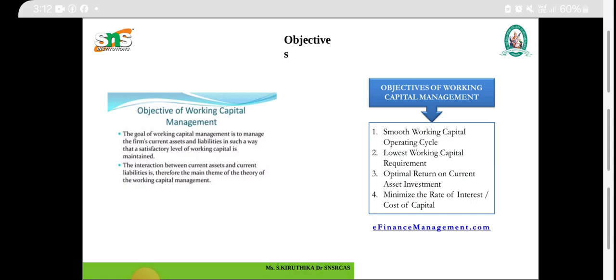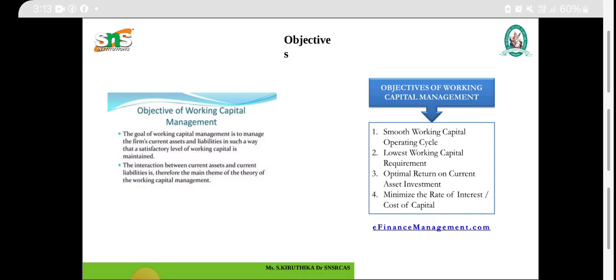Next, the balance between current assets and current liabilities is the main concern of working capital management. In the next image we see points: smooth working capital operating cycles, low working capital requirements, optimal returns from current assets investments, and minimizing the rate of interest or cost of capital.